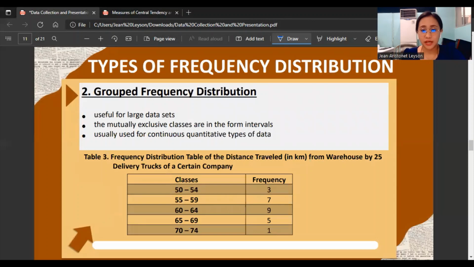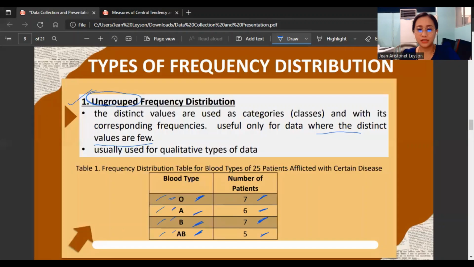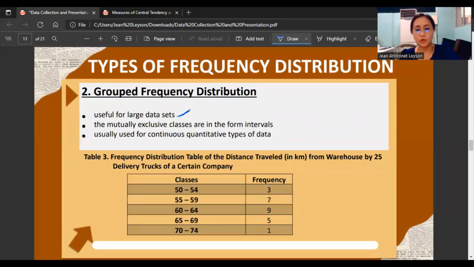So next we have the grouped frequency distribution. This is used for large data sets, whereas the ungrouped is used for data sets where the distinct values are only few. Going back, the mutually exclusive classes are in the form of intervals.